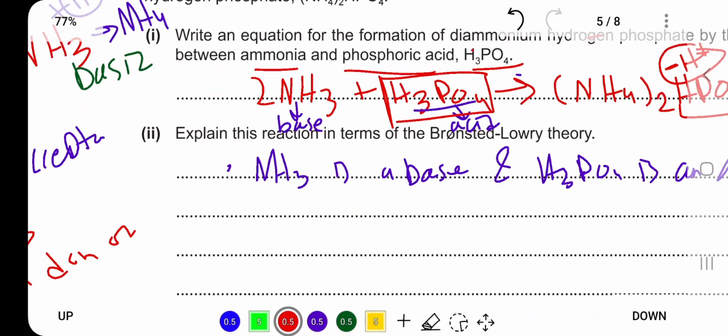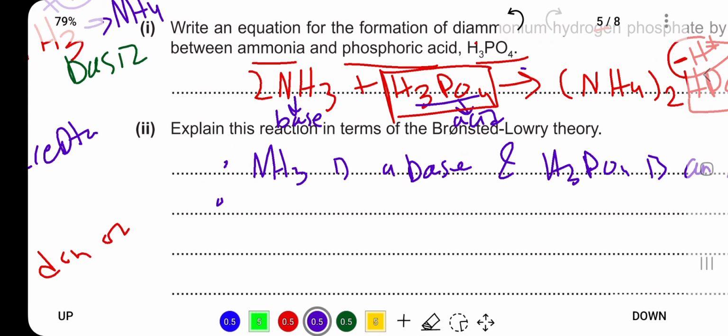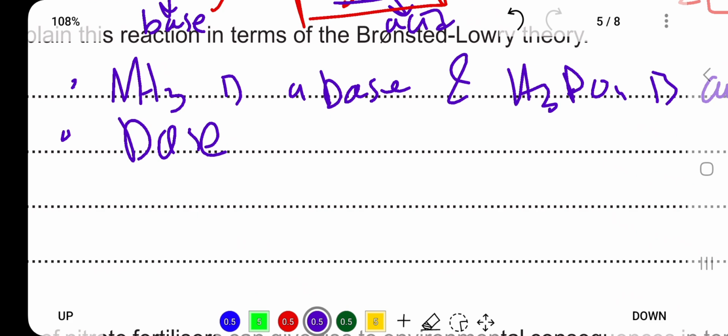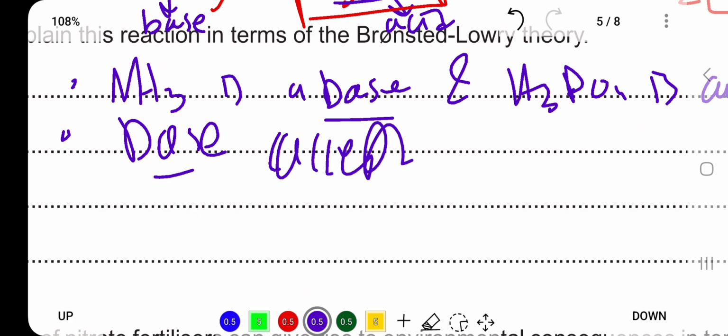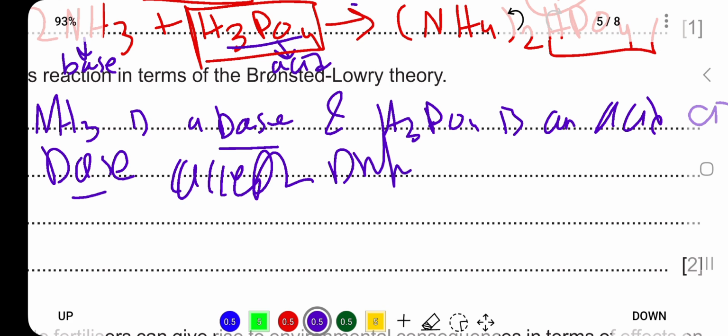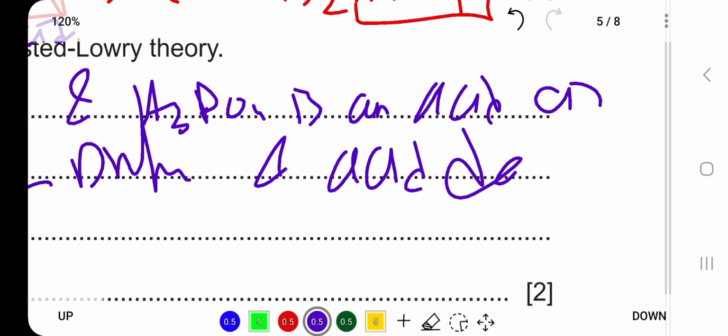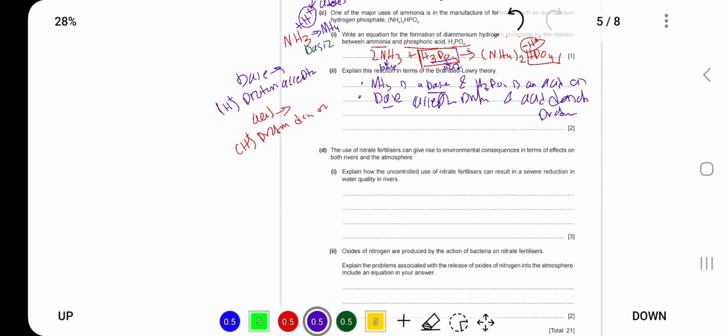That's why. The base, just ammonia, accepts protons, and the acid H3PO4 donates protons. Great.